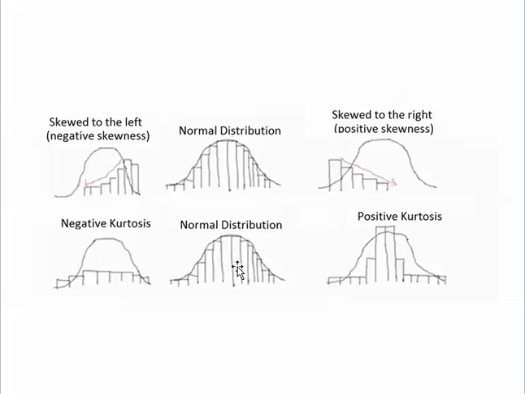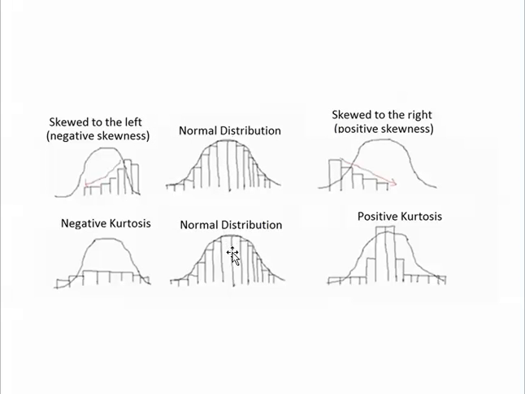So the reason why I put these in the center, like I did here, is to show that the normal distribution is halfway between these two shapes, and it's also halfway between these two shapes. Since it's halfway between the negative and the positive skewness, you would say that a normal distribution has no skewness.